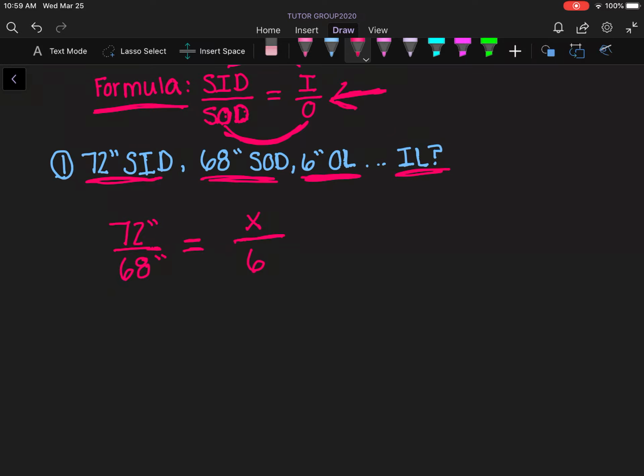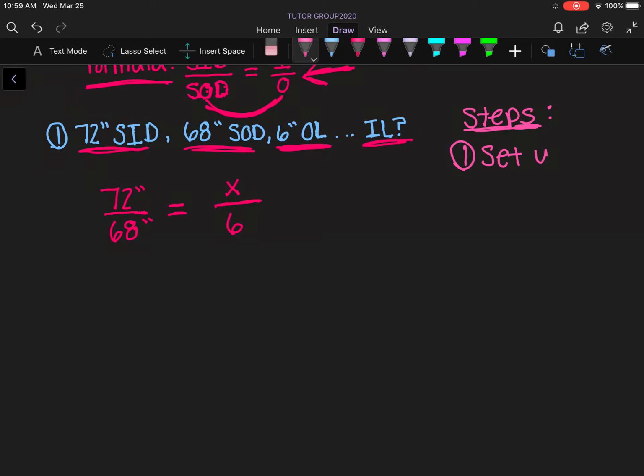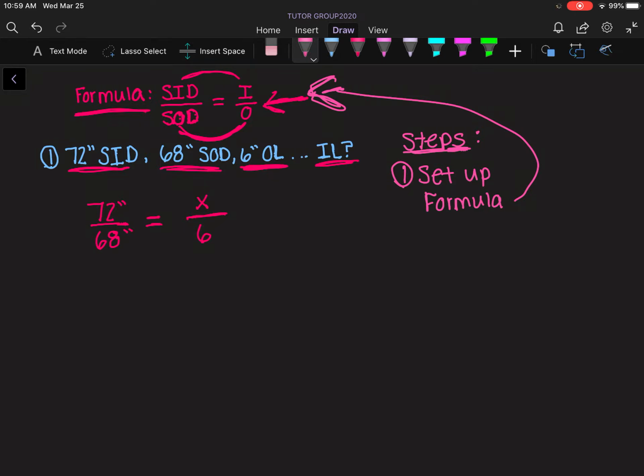So first what you're going to do is cross multiply. So we're going to do steps. Actually, your first step is set up formula, which is up here. That is our formula.